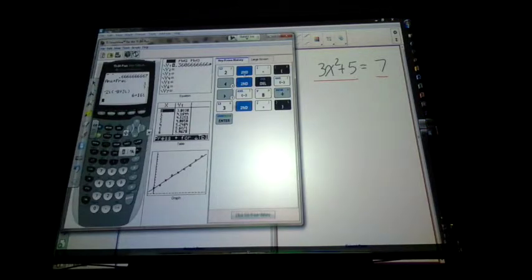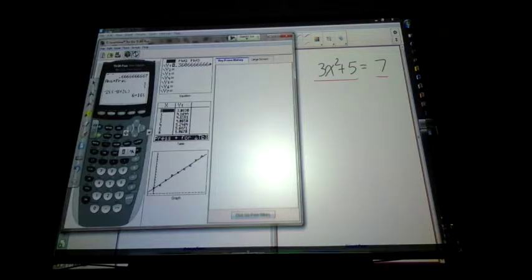Let's clear this. Clear key history. All right. If I do y equals, I'm going to turn my plot off because I don't need that on. And I'm going to clear out this equation.